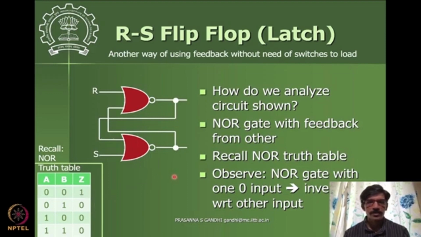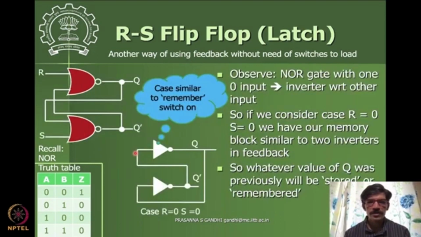So say both R and S are 0. If you redraw the circuit when R and S are both 0, this is acting as an inverter and this is also acting as an inverter, so this simply becomes two NOT gates connected in series with a feedback.